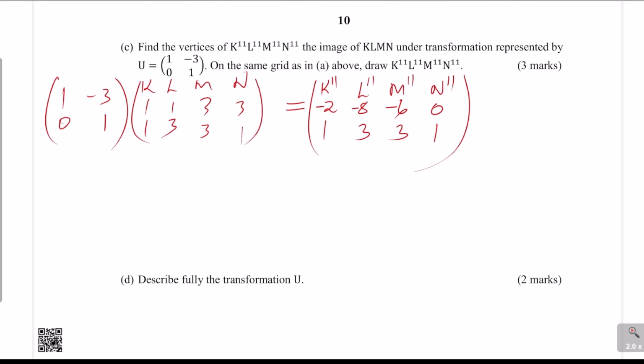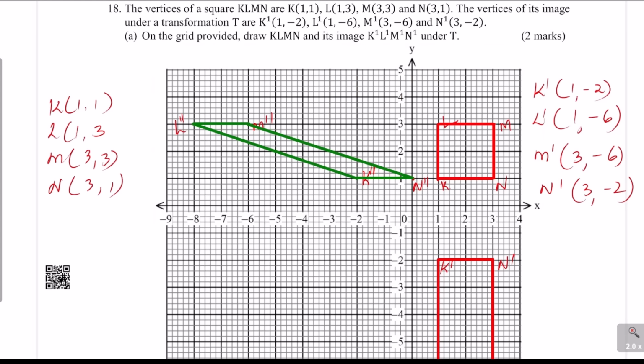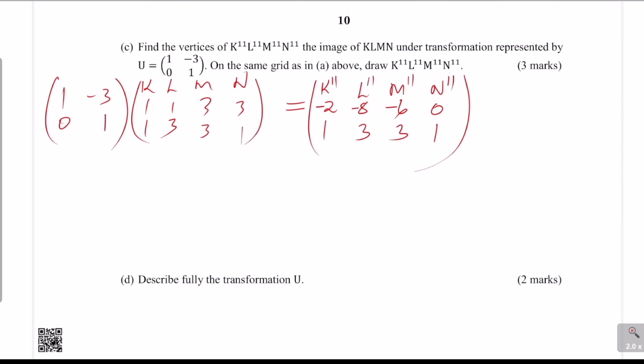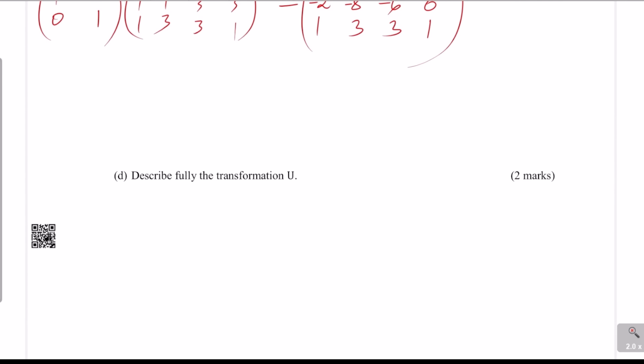So now, after identifying that one is a shear, how do you describe a shear fully? Number one, by giving the shear factor. And how do you give the shear factor? I'll write it here. You give the shear factor by getting the displacement of an object point to the image point.